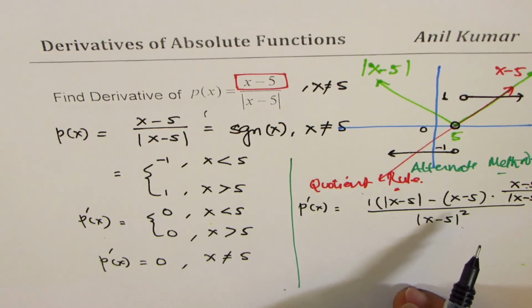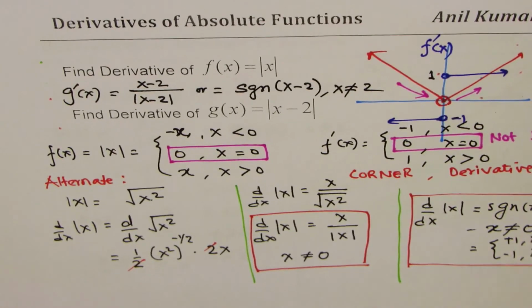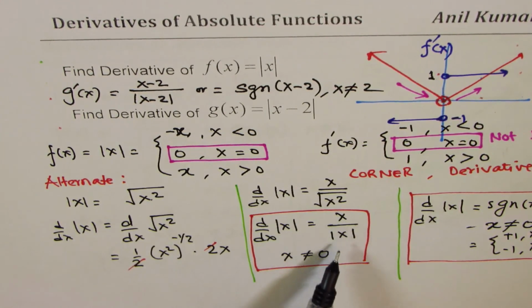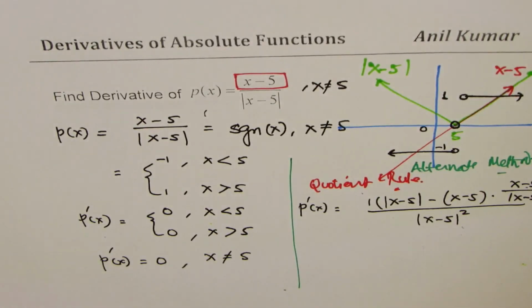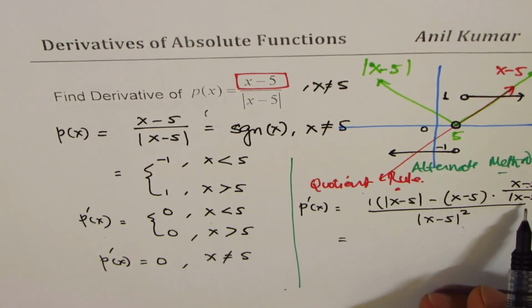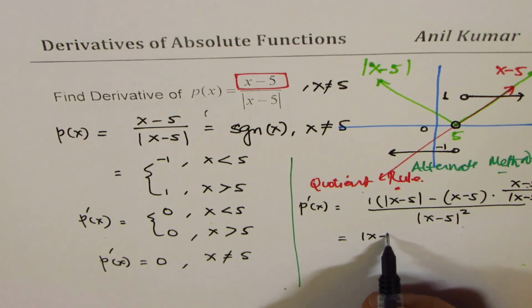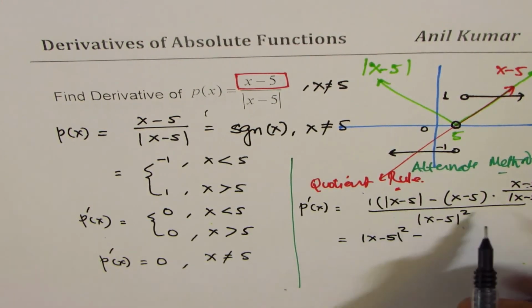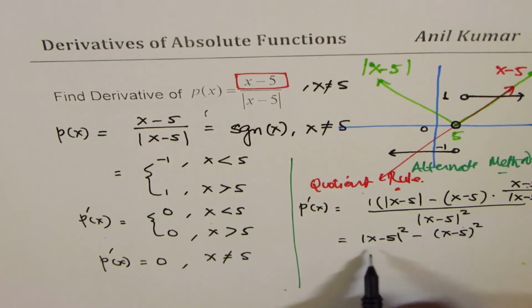So let me again show you. It's kind of very important to understand how we get to this. This is from here, x over absolute x, which is signum x, right? Okay. So in that particular case, if I take absolute x minus 5 as a common denominator and multiply, I get absolute x minus 5 whole square minus x minus 5 whole square.